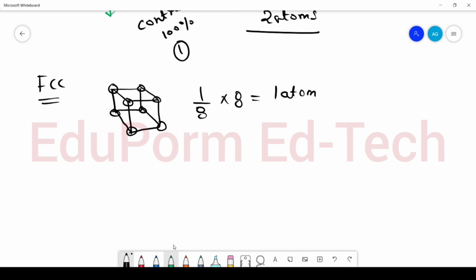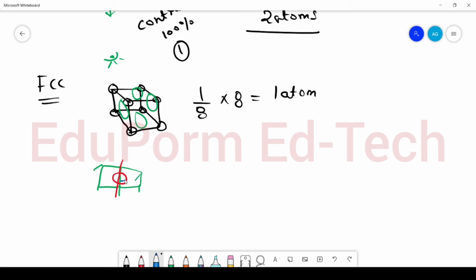Now in case of FCC, we have 6 faces, and each face consists of a lattice point. For example, this is a face we are looking at from this side. The lattice point present at the face center will be shared between two unit cells.